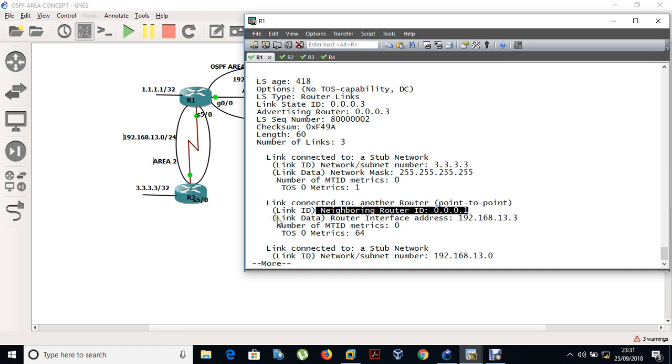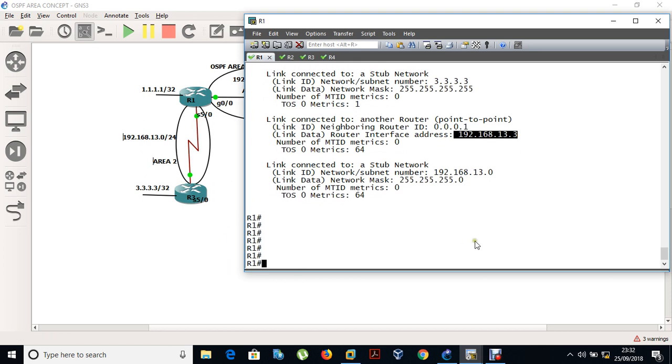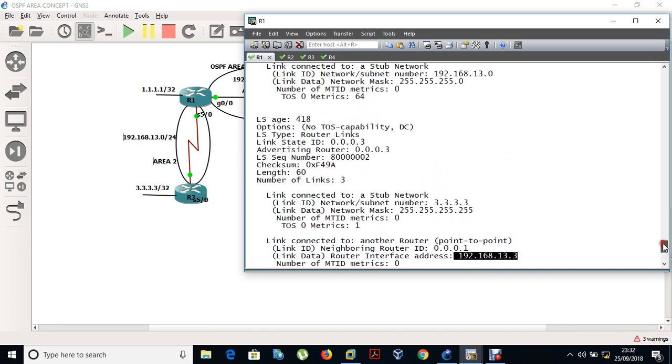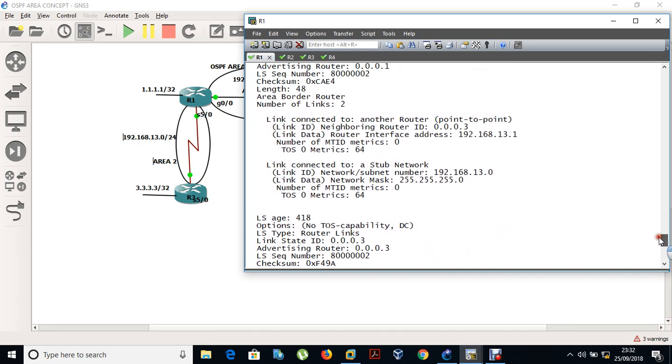The link ID connected to R3 is 192.168.13.3, which is on this guy, and the network is 192.168.13.0, this one. But this information is type 1.